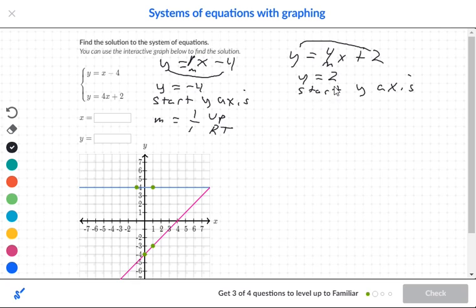Now this is your m, so your m is equal to 4, so you're going to say 4 over 1. So you're going to go up 4, and then to the right 1. So right here, we're going to start at 2. Okay, then we want to go up 4, so that puts us right at 6, and then we want to go over 1.